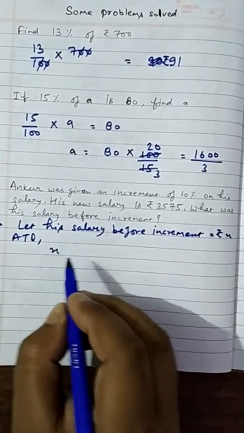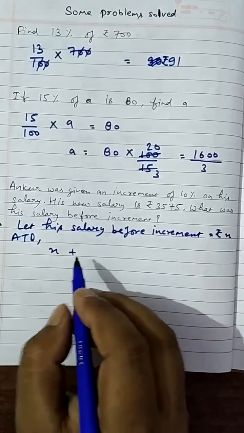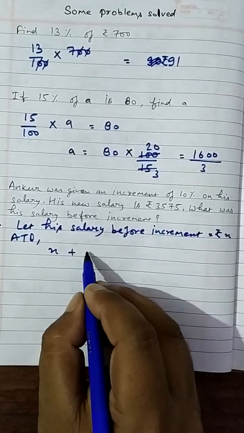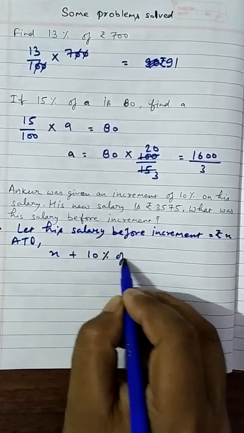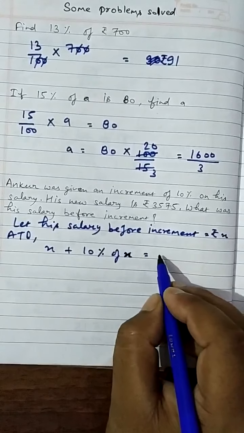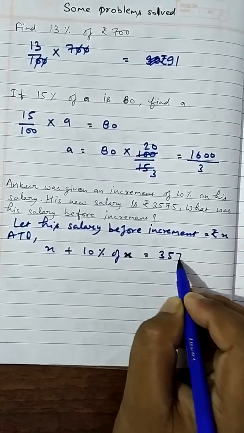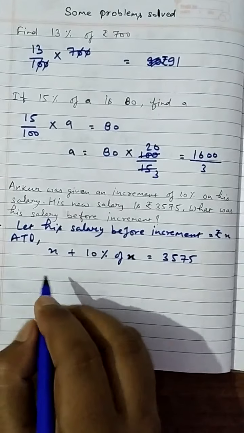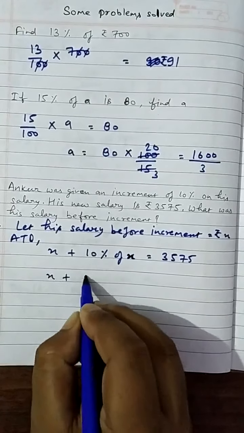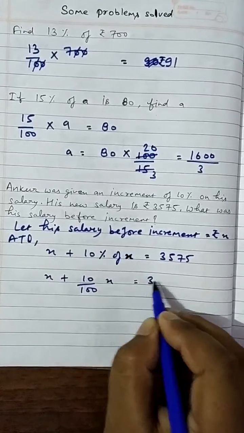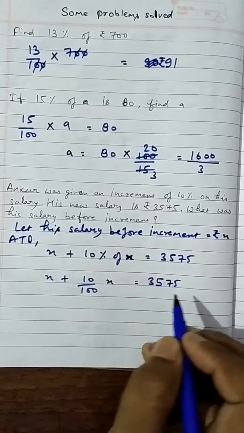So according to the question, this is the basic salary and on this salary 10% increment. 10% of X, the new salary will be 3575. We have to calculate this. So X plus 10 upon 100 X is equal to 3575.